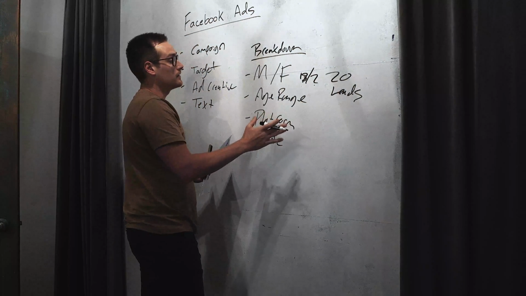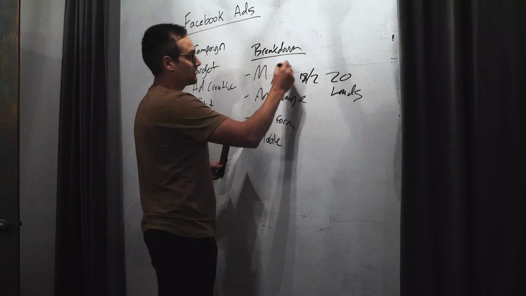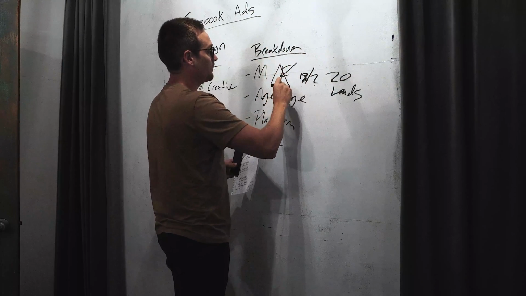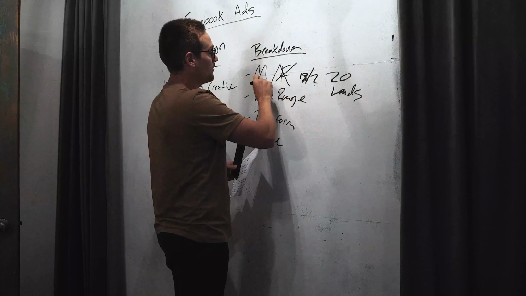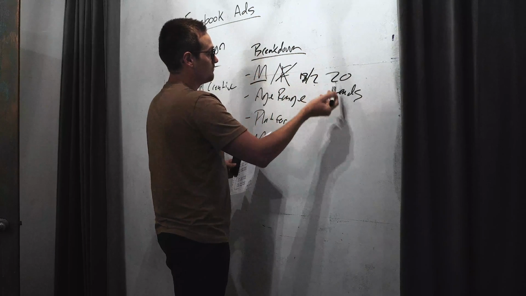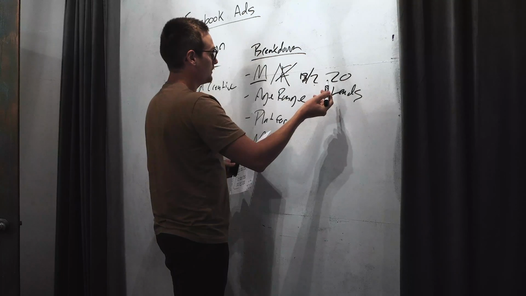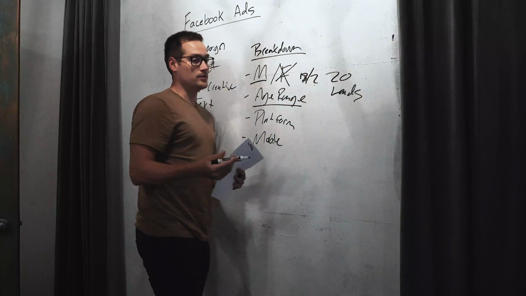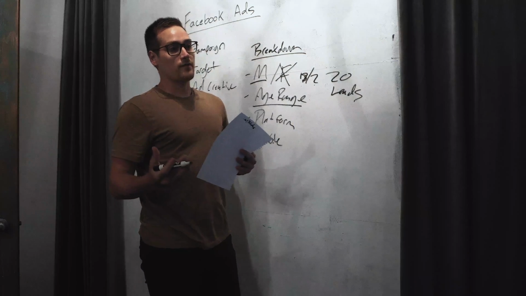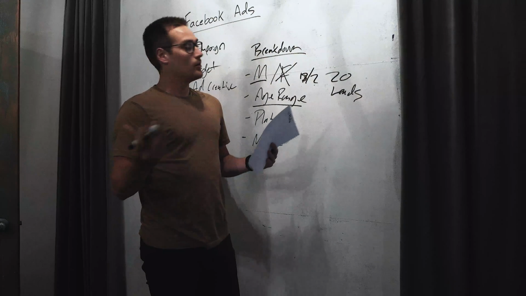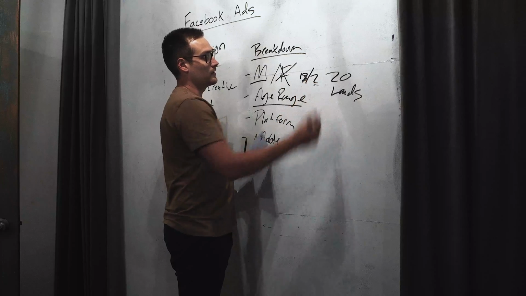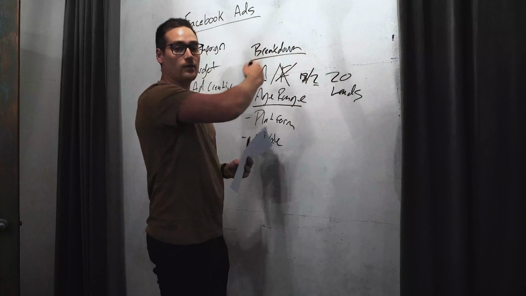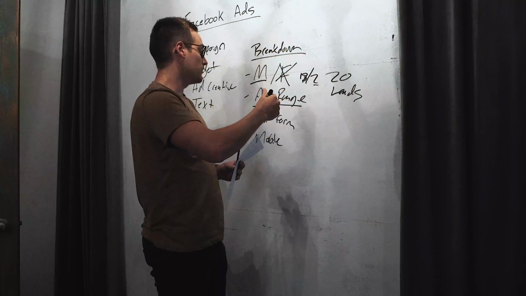If you want to really slim down your cost per lead, you can cut out female altogether, go all in on male, and then that should definitely impact your cost per lead. Age range is very important too. So if you're running leads and you're getting 24 to 35-year-old males, and once in a while you'll get a female, or even males that are above 35 or under 25, you can cut that out too.